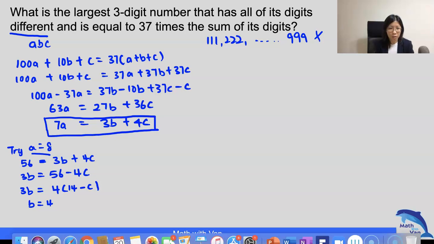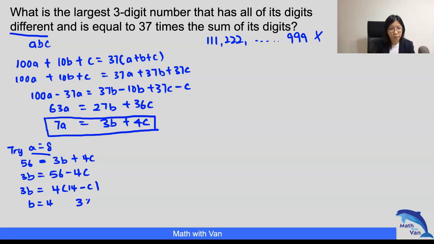If B equals 4, then we would have 3 times 4 equals 4 times 14 minus C, but C would give us 11. And C cannot be a double digit here. So that cannot be true.